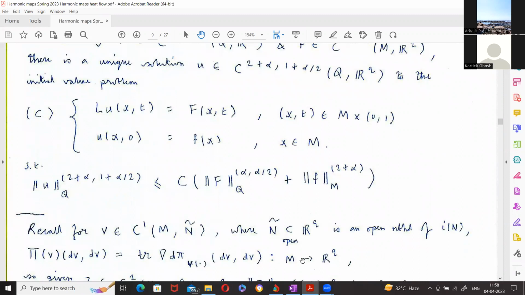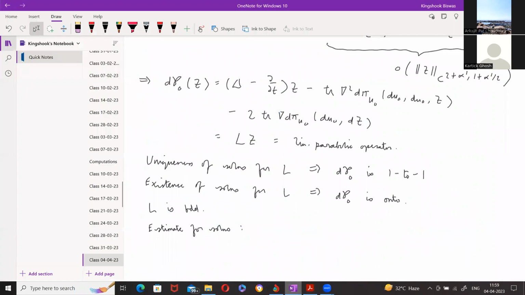So here the estimate for solutions is that the norm of z, 2 plus alpha prime, 1 plus alpha prime by 2, this is bounded by a constant times the norm of Lz, right?